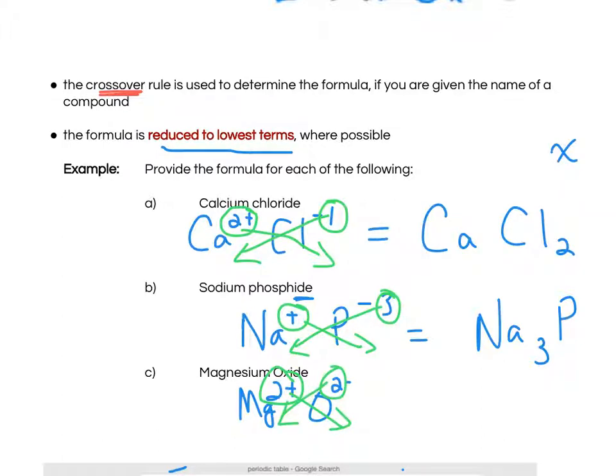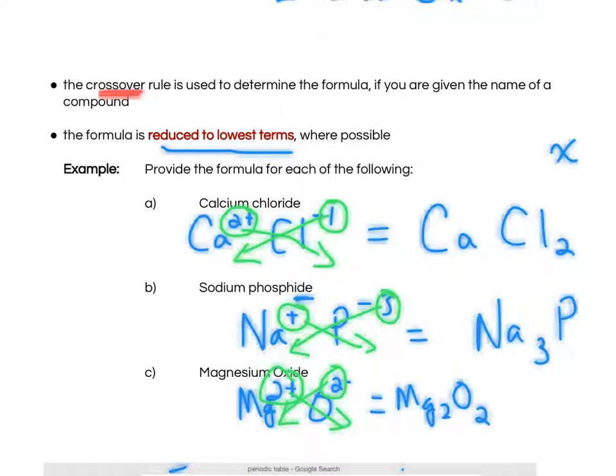And when I cross those charges down, I get Mg2O2. But of course, I know that a 2-to-2 ratio is the same as a 1-to-1. So I'm going to take those 2's and reduce them, and that will give me my final formula, which is MgO.